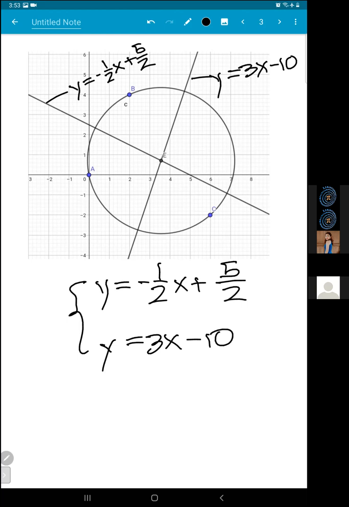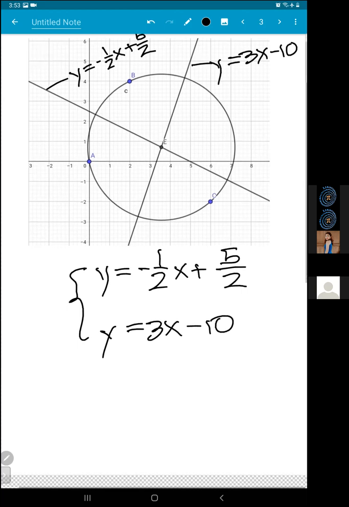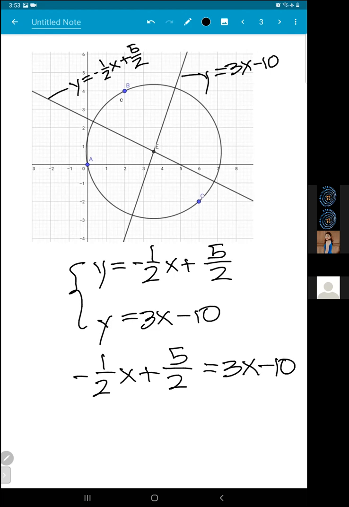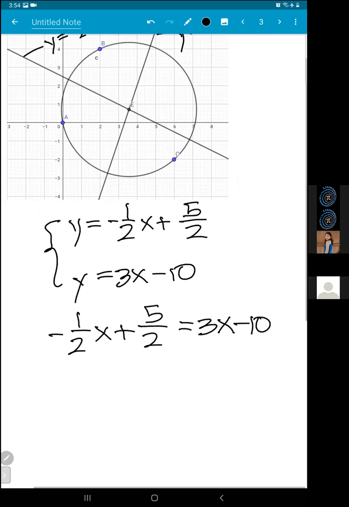And this is not hard to solve since all you have to do is equate the two, since they are both solved for y. And then to solve this one, you can multiply by 2.